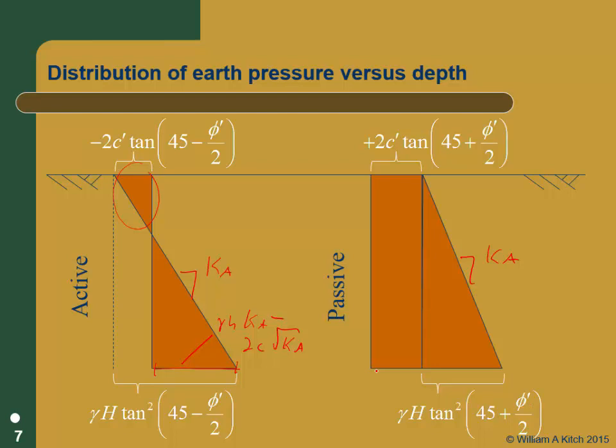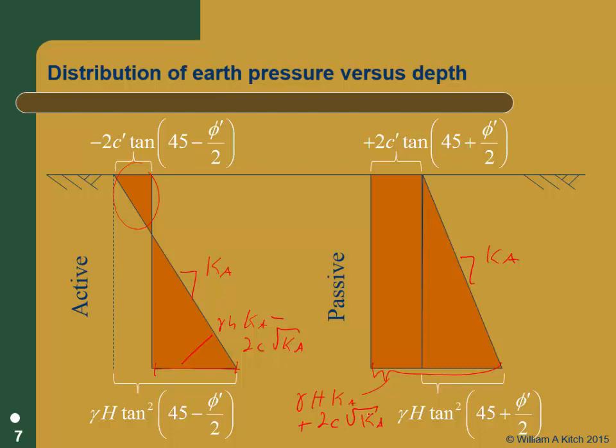So the entire length of this at the base is again going to be gamma H times Ka, in this case plus 2c square root of Ka.